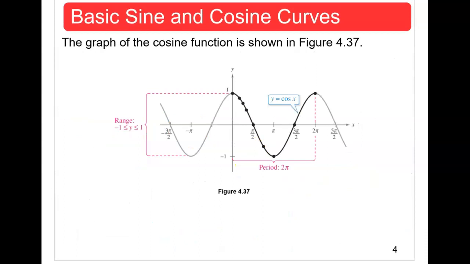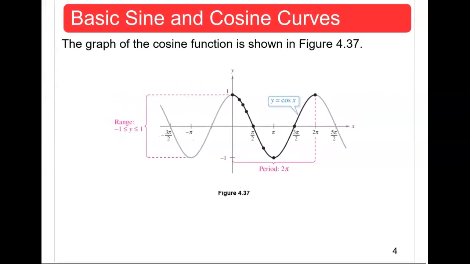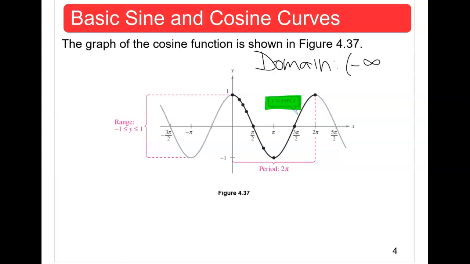Now let's go over the parent function of the cosine function. And remember, parent function will be that function in its simplest form. And so that will be the equation that you see here, y equals cosine x. So your input is the angle, the degree measure or the angle measure in radians, and it is also all real numbers, so from -infinity to +infinity.